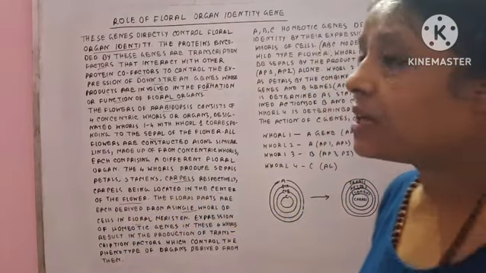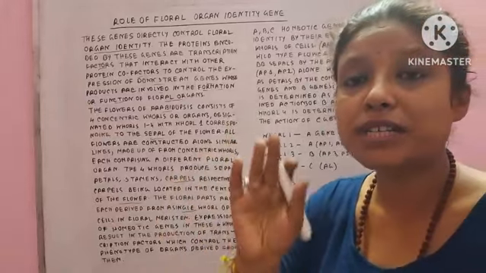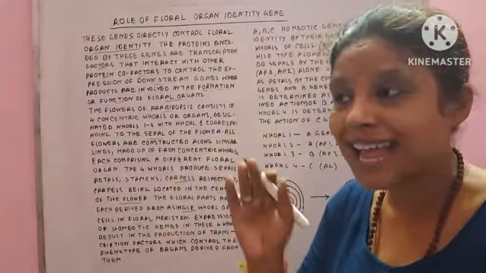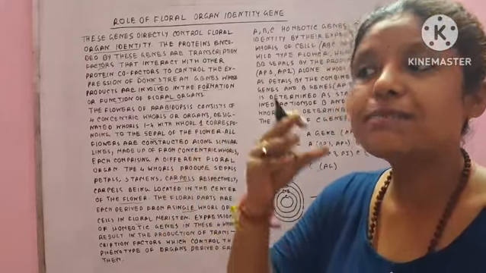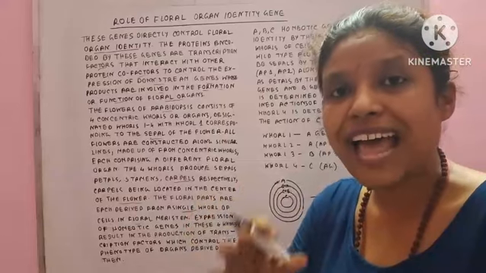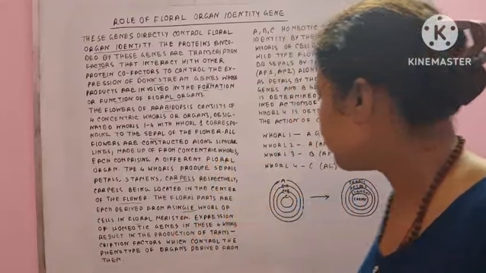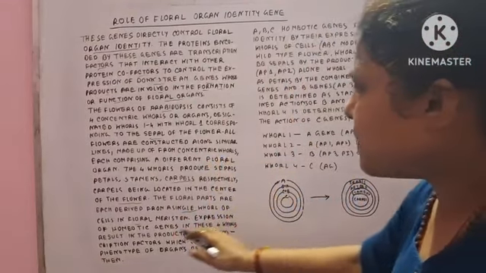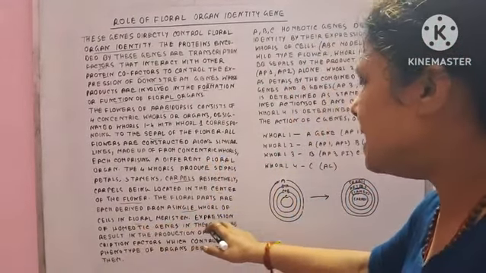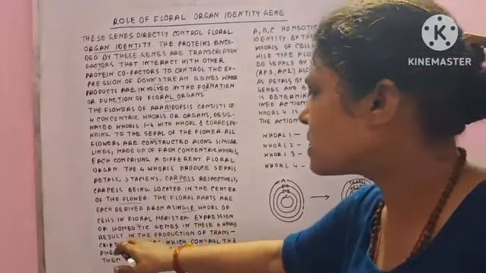So what is it saying? The four whorls are there, and each whorl is related to one particular organ of the flower. That means each whorl's meristematic tissue, the floral meristematic tissue, divides to form the particular organ of the flower. And the expression of homeotic genes in this results in the production of transcription factors.